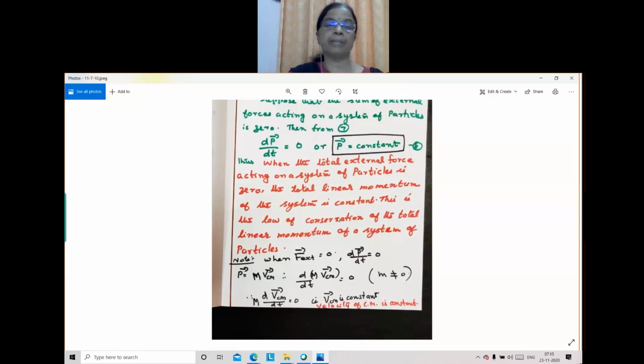Either the body may be at rest, or the body may be moving. So here there is not much difference. In the last chapters we have studied force acting on a particle, position vector of a particle, everything on a particle. Now we are studying system of particles. That is the difference.